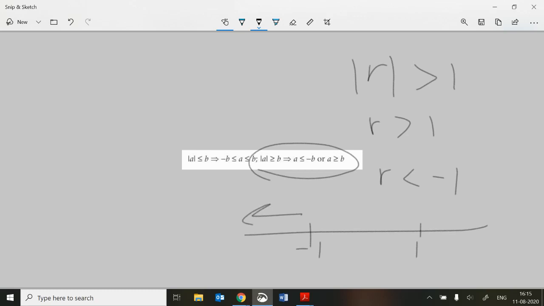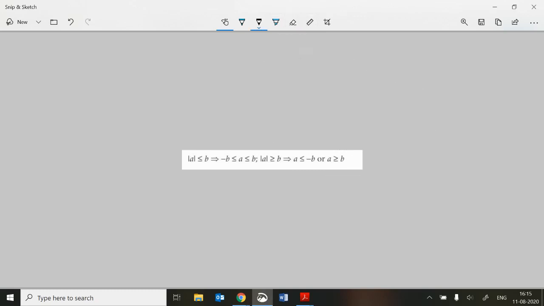The absolute value of, say, -2 over there is going to give you 2, which would be greater than 1. So if you've got the modulus brackets being greater than something, that's going to split up into two cases: r is greater than 1 and r is less than -1. That's obviously just the generalized version.